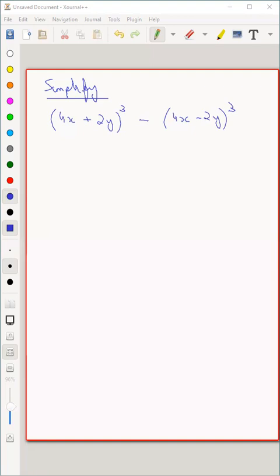Come on, this is not difficult. You just need to apply the identity. That's all. Expand. Do the expansion.